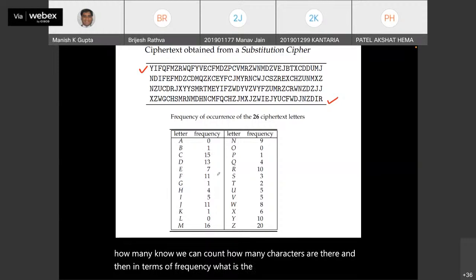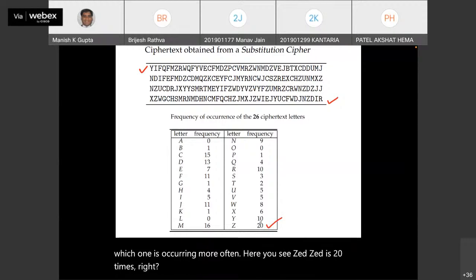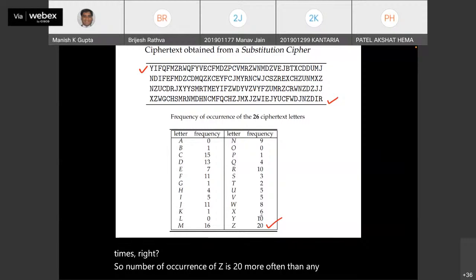You can see which one is occurring more often here. You see Z occurs 20 times, more often than anything else.